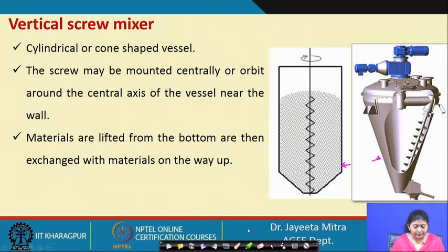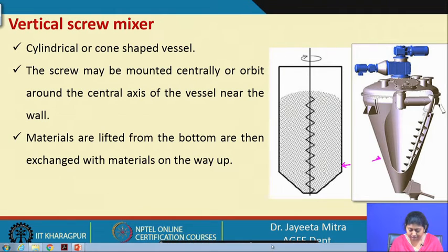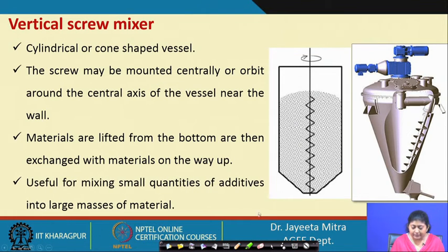Materials are lifted from the bottom and are then exchanged with the material on the way up. So, because of the screw motion, the material will be lifted to the top, and then again mixed with the other materials. This kind of mixer is useful for mixing small quantities of additives into large masses of material.